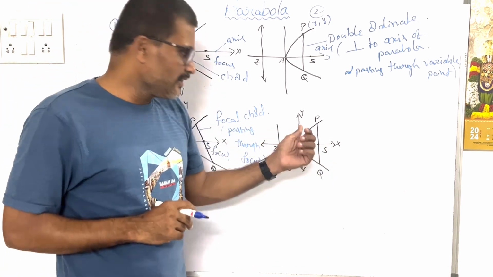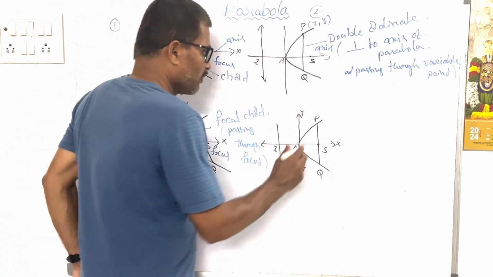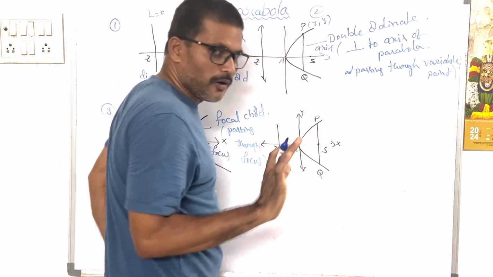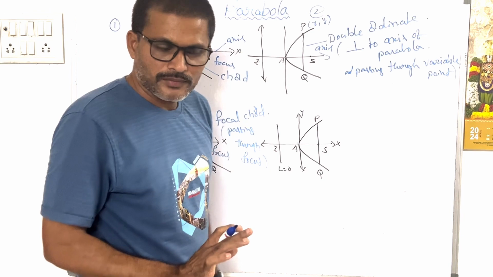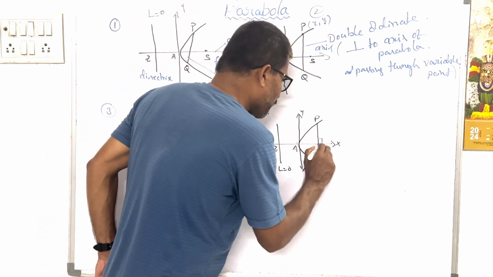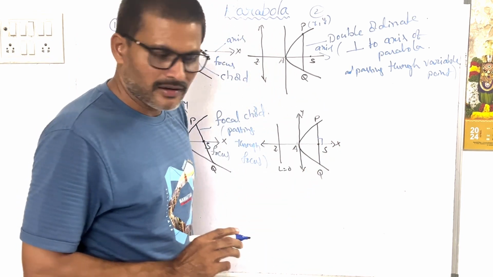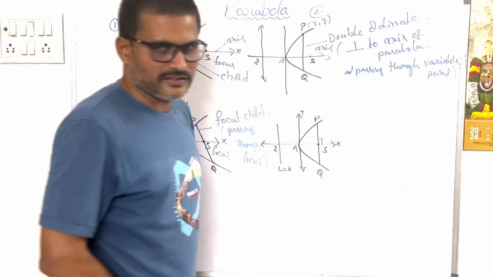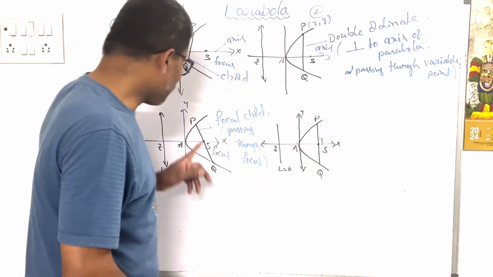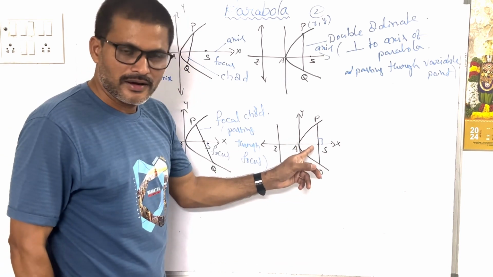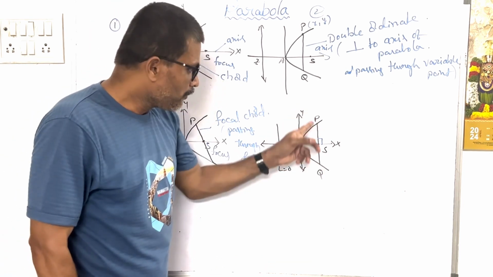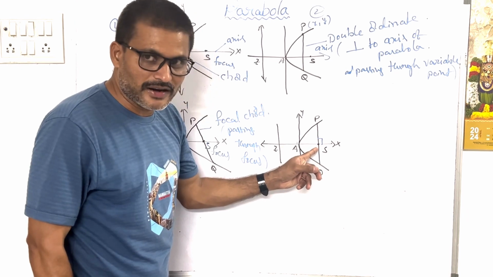So finally, we observe that P is the variable point, and P and Q are the points joined by the chord, which is always perpendicular to the axis and also passing through the focus. So this is not perpendicular, but here PQ is perpendicular. PQ is a chord. The perpendicular condition is already there.